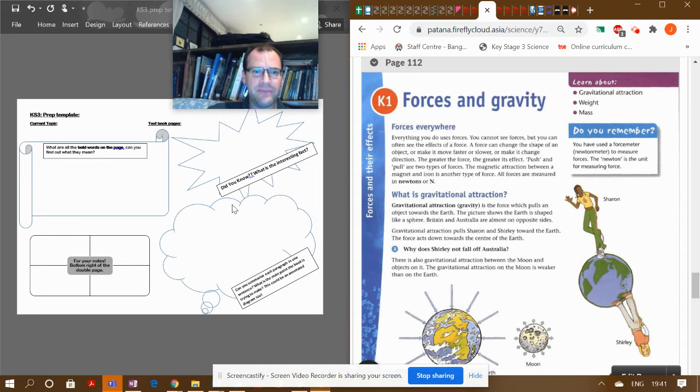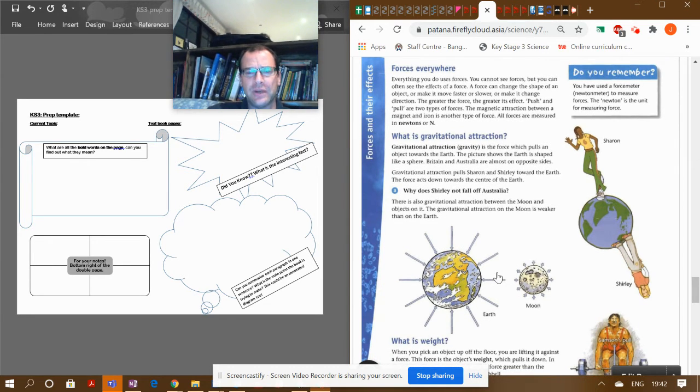This big bubble here is probably the most important bit, and I want you to try and summarize the information you see on the page. So maybe turn one paragraph, let's use this one, what is gravitational attraction, into a sentence that summarizes that bit of information.